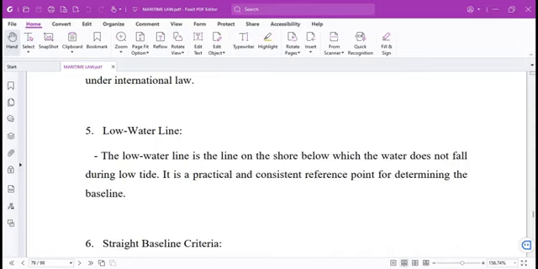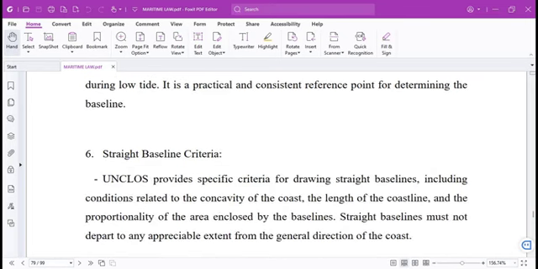It is a practical and consistent reference point for determining the baseline. Of course, it went further to say that it is a practical and consistent reference point for determining the baseline.